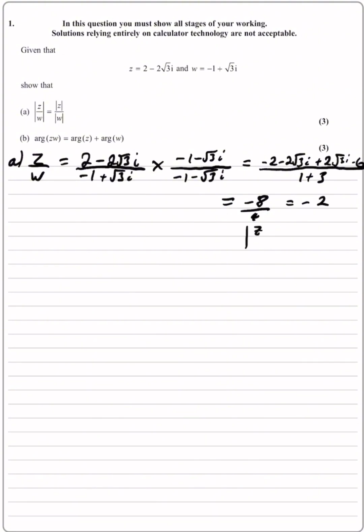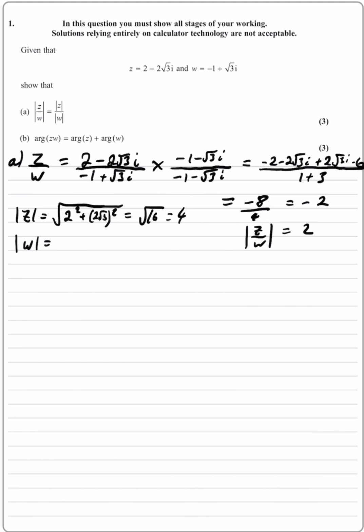Then the modulus of z, using Pythagoras, is going to be the square root of 2 squared plus 2 root 3 all squared. That comes out as the square root of 16, which is 4. So the modulus of z is 4.